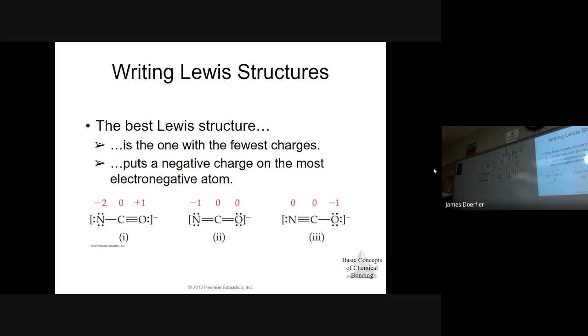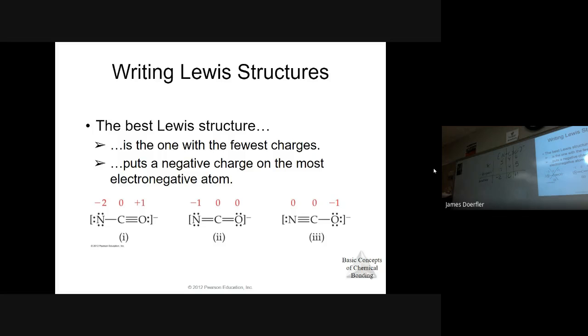Is there any one of these 3 that we can go ahead and discount, get rid of right off the bat? First one, right? It's got a whole bunch of charges going on here. Which leaves us with these 2 remaining. Okay? So again, their overall formal charges equal that of the ion, so that's good. But they have equal charges.